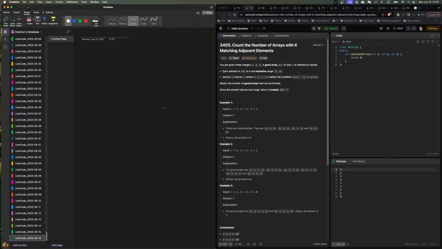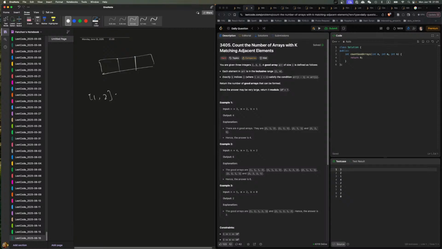Apparently I solved this in the past, so let's try to get this one again. So we have n elements. The first one, I have three elements, 1, 2, 3, and each one is from 1 to 2. And what we want is exactly k indices that satisfy the condition.